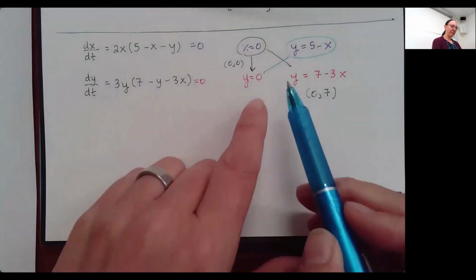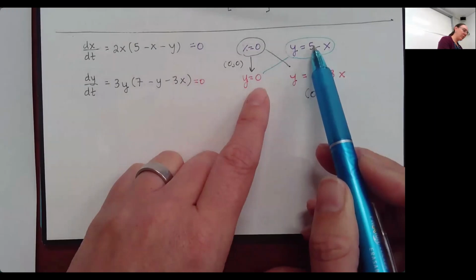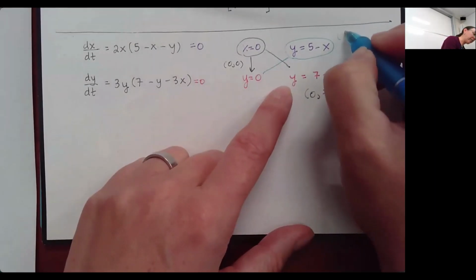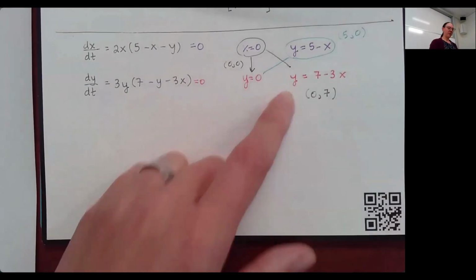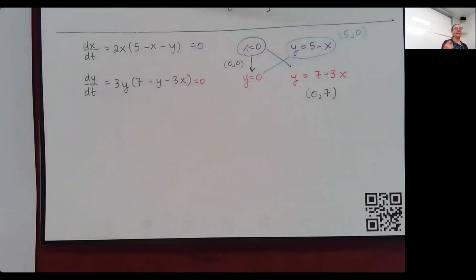Then I'm going to get that x is equal to 5. So that's going to give me the point 5, 0. 1, 2, 3 equilibria. By the way, each of those equilibria live on one of my axes, because all of those have either an x equals 0 or a y equal to 0.